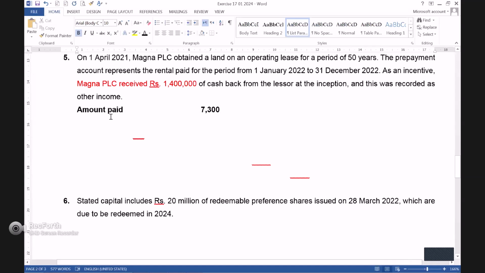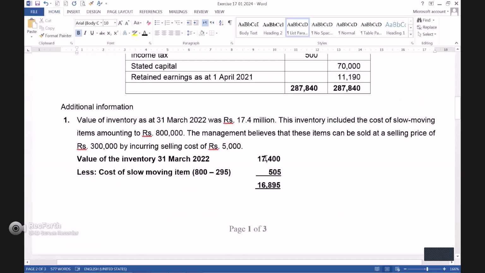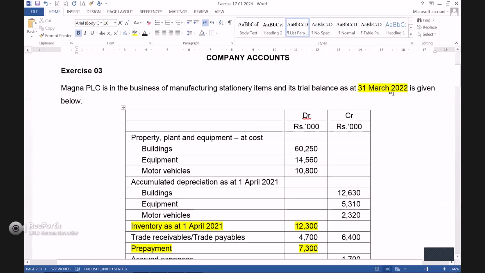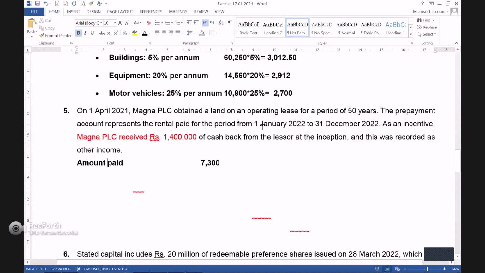So what is the amount for the year? Our period ends 31st March 2022, but it is paid for 1st January 2022 to 31st December 2022.